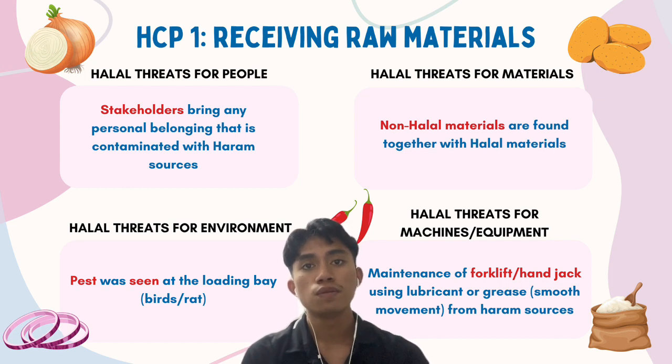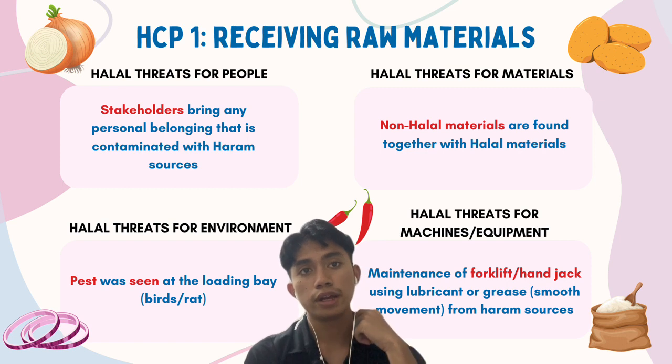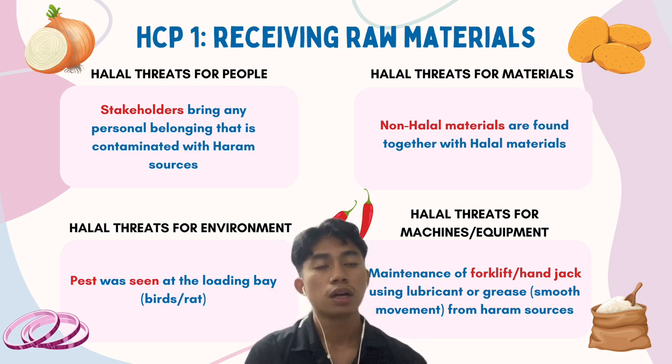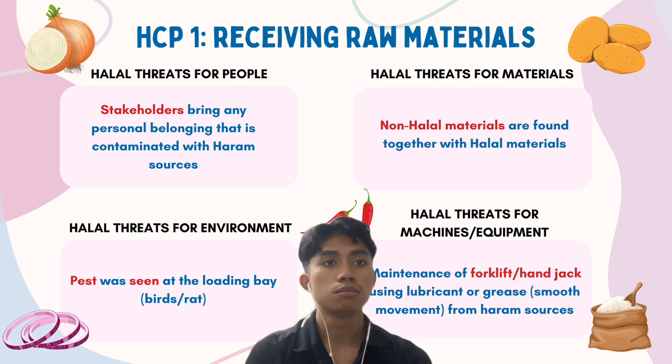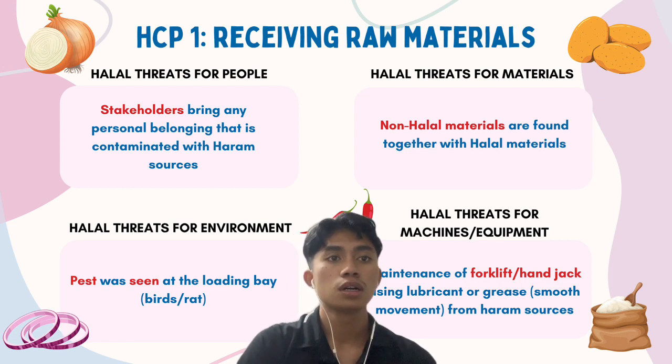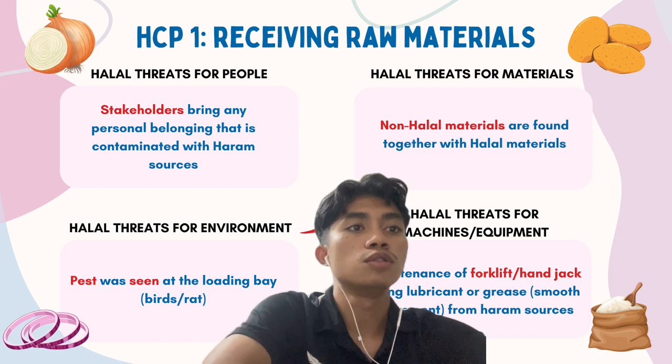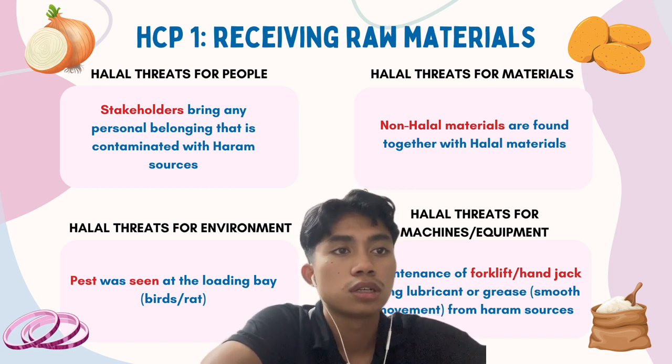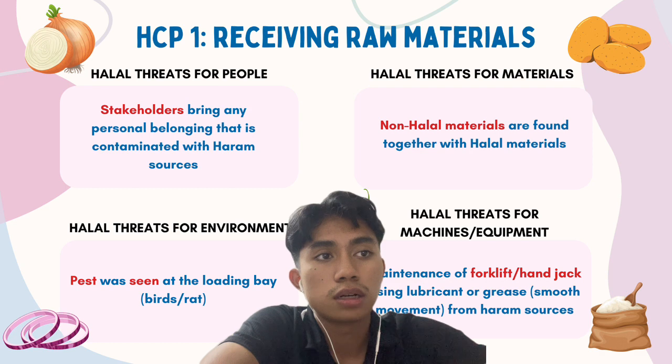Halal threats for environment, pests were found in our factory, which are rats and birds. Lastly, halal threats for machine and equipment, maintenance of forklift, lubricant or grease, smooth equipment from haram source.